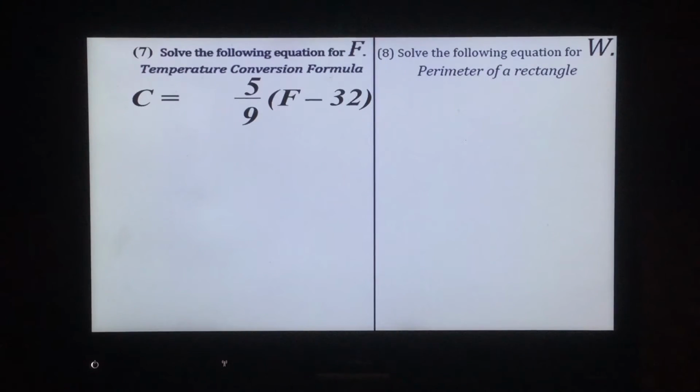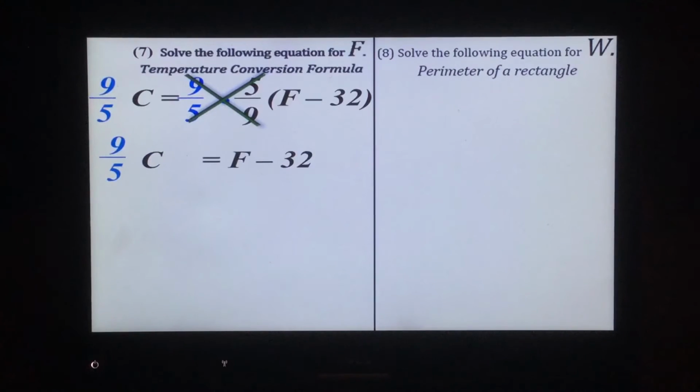Now we have to get rid of that 5/9. Hopefully you guys recall that to get rid of a fraction, 5/9, we multiply by the reciprocal of that fraction. So we're going to multiply both sides by 9 over 5 so that the 9's cancel and the 5's cancel. We now have 9 over 5 C equals F minus 32.